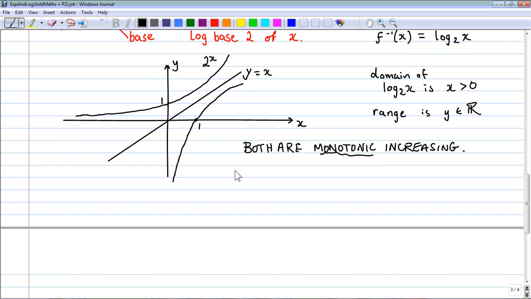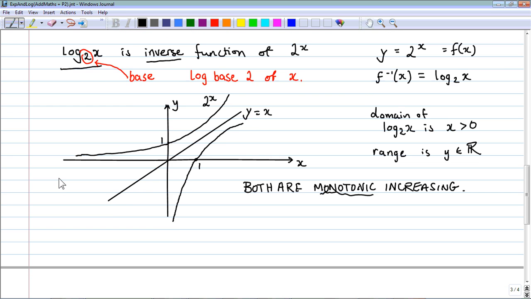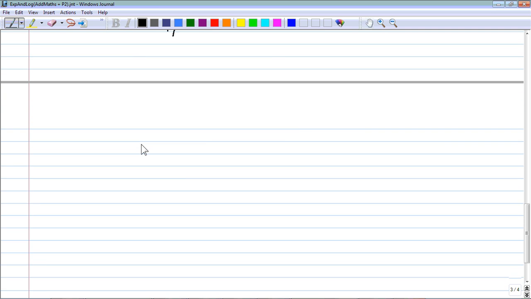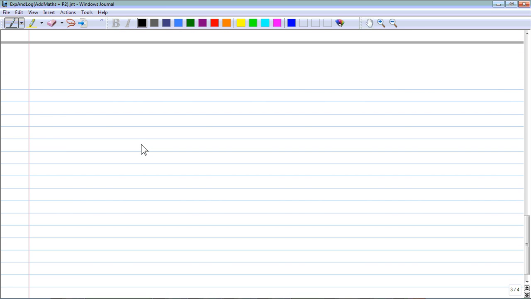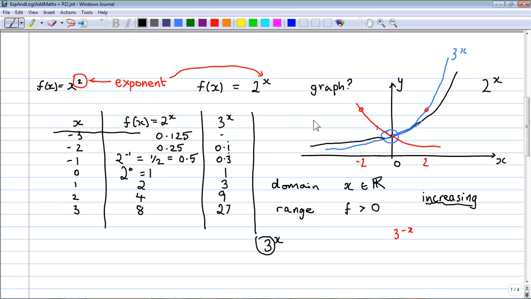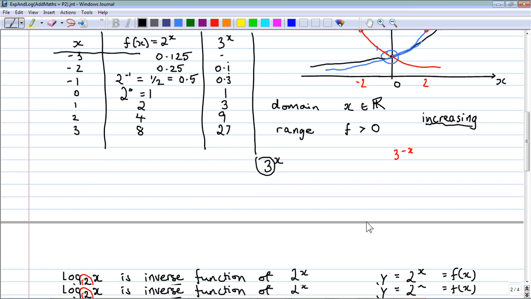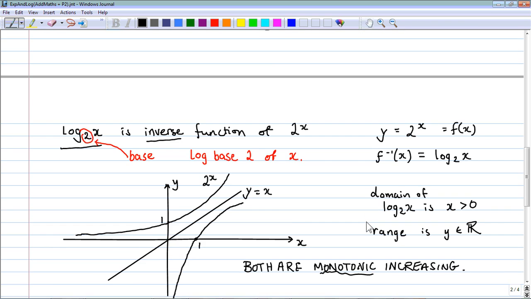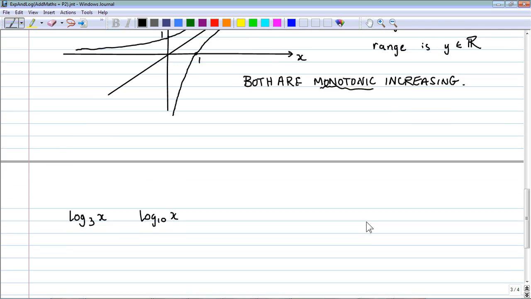Okay, so hopefully you should have understood so far that if this is log base 2 of x, we can have log with other bases, such as log base 3 of x or log base 10 of x or log base any positive number. Now it must be positive. Let me remind you, if we tried to draw a graph of minus 3 to the x, it doesn't work because minus 3 has no square root, for example.